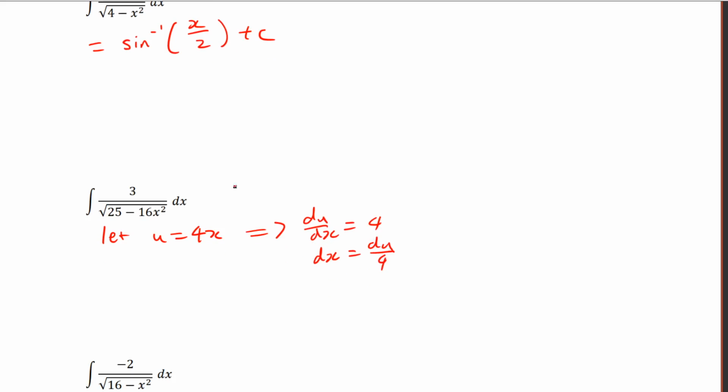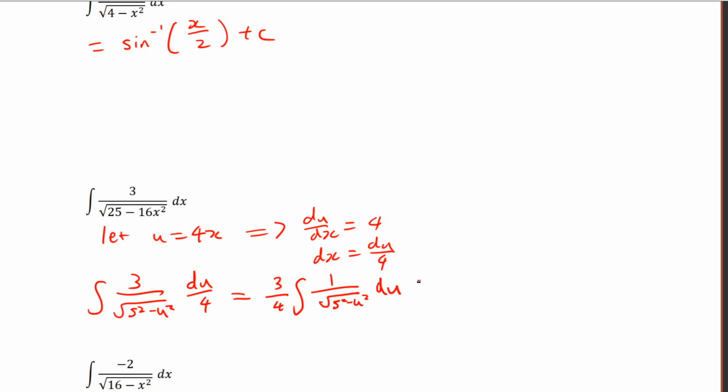So I can rewrite the entire expression as 3 on root 5 squared minus u squared, because 4x all squared is 16x squared, and then instead of writing dx, I'll write du on 4, and I'll write this as, I'm bringing out 3/4 in the front. Now I have 1 on root 5 squared minus u squared du.